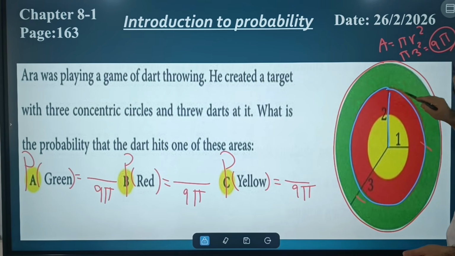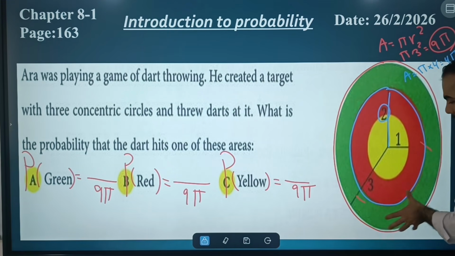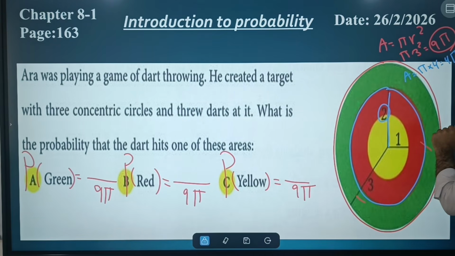What is its radius? It's 2. So the area of that part is pi times r squared. Its r is 2. 2 powered by 2 is 4. So it's equal to 4 pi. Now, the total area is 9 pi. Take out this from it, which is 4 pi. So 9 pi minus 4 pi equals 5 pi.